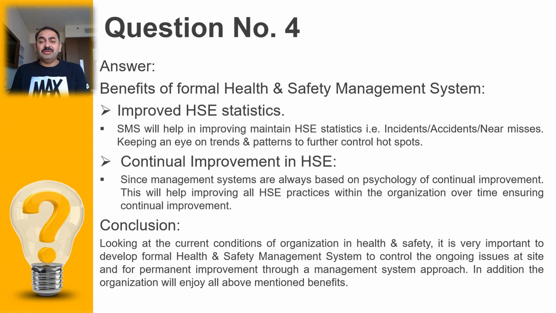So we all know in health and safety management system, we review every year. We set some new targets, new objectives to be achieved, and for sure these are improved targets as compared to the earlier year. So continual improvement part is very important, and your management system, if it gives you continual improvement, then only it is useful.